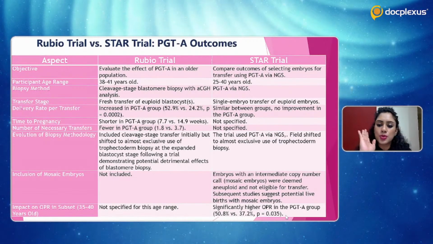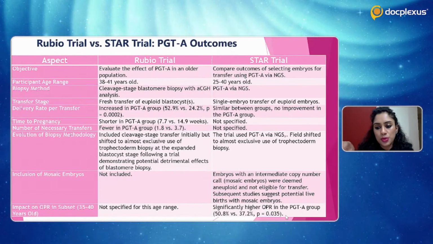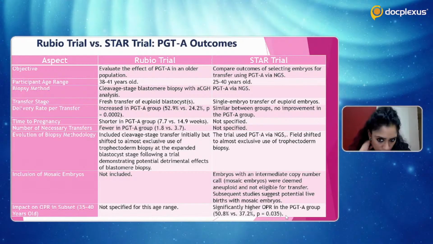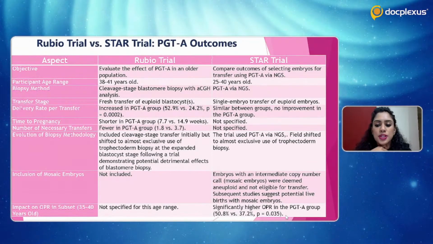The mosaic embryos were not included in the Rubio trial, whereas in the STAR trial, if there was intermediate copy number in the mosaic embryos, they were deemed aneuploid and not eligible for transfer. And subsequent studies suggested potential live births with mosaic embryos.